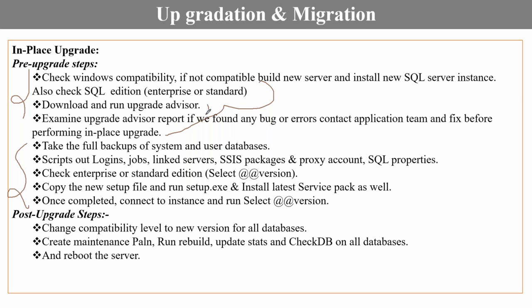When you are performing it, your upgrade advisor is blocking you. Then our entire plan will fail, right? It is a wastage of the scheduled time, right? Yes or no? So before you plan the in-place upgrade, please perform all these steps. Once it is healthy, then create a CRQ.